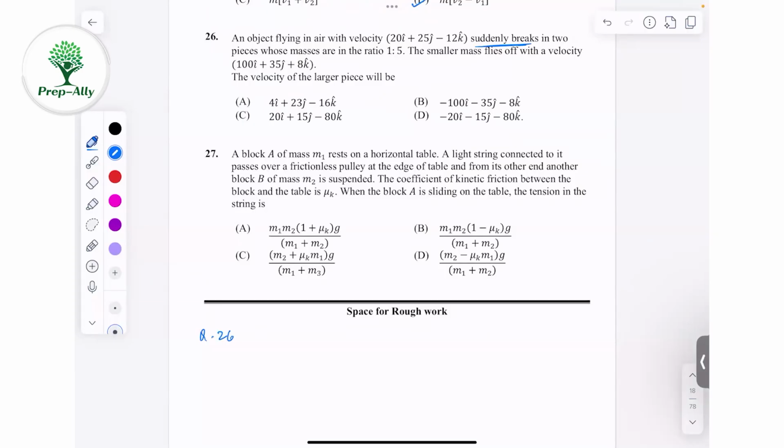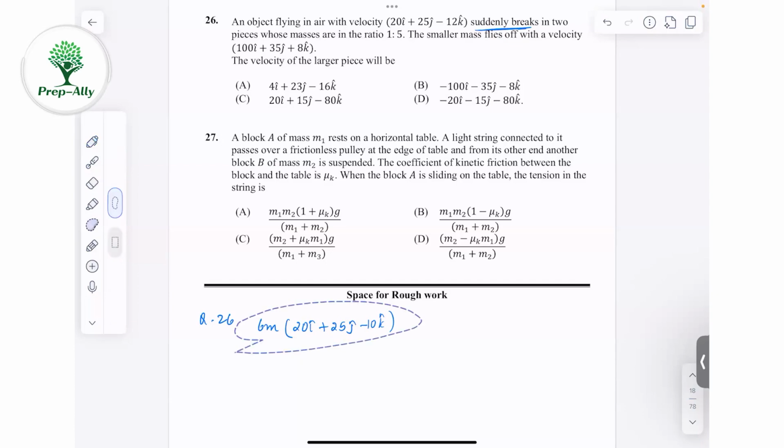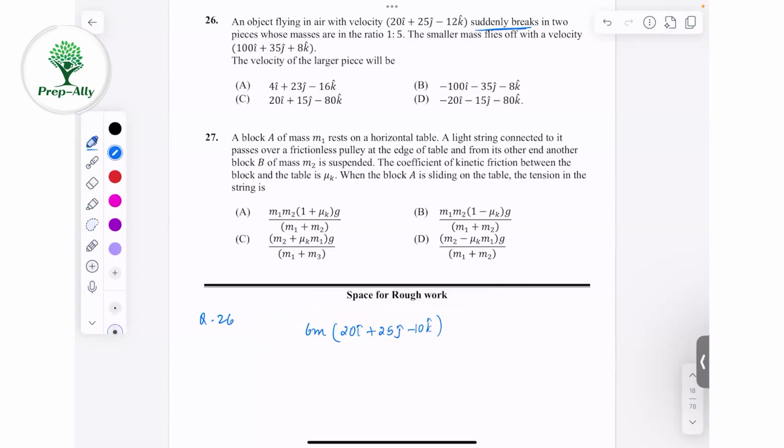So the mass ratios are 1 is to 5. So if total mass is 6m, one part has a mass m and the other part has 5m. So 6m mass has initial velocity of 20 I cap plus 25 j cap minus 12 k cap. Now this is the body's initial momentum. So we can write this as initial momentum.